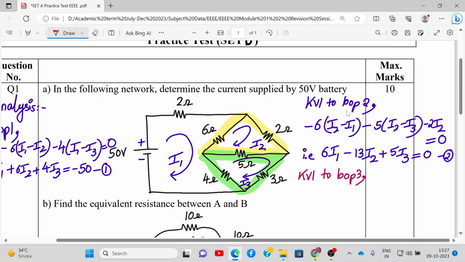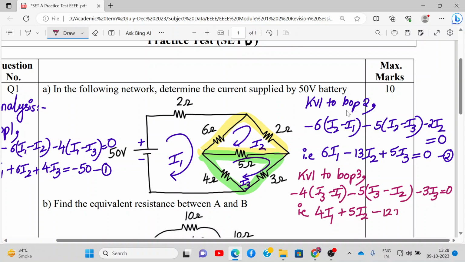So we get minus 4 (I3 minus I1) minus 5 (I3 minus I2) minus 3 I3 is equal to 0. We rearrange the terms and we get 4 I1 plus 5 I2 minus 12 I3 is equal to 0. Let's call this equation number 3.